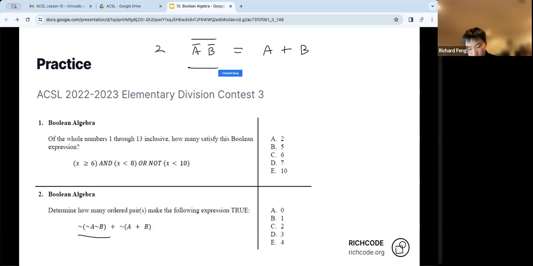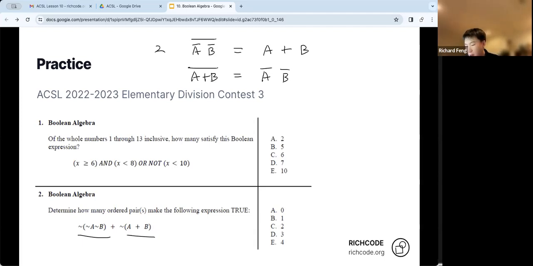And then for the second term over here, it's not A or B. So we can negate each term and then flip the sign. So the addition becomes multiplication. And when I don't write anything in between, it's basically and or multiplication.